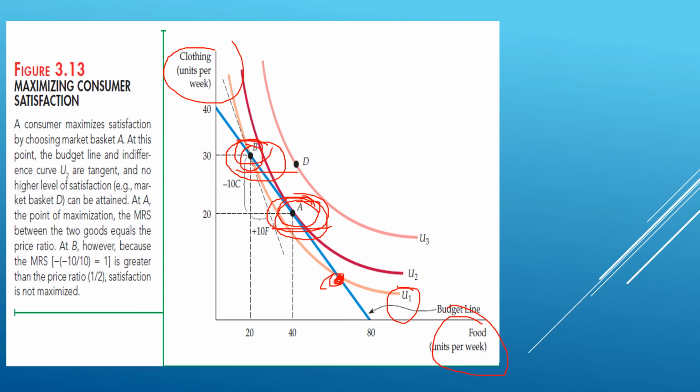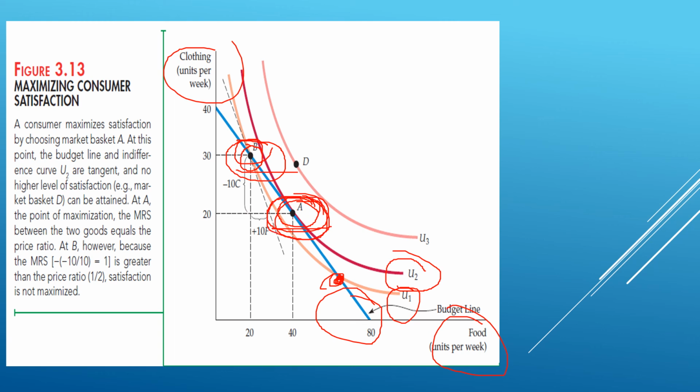Now, it's up to you as a consumer which one you are going to choose. But dealing with the assumptions that we had discussed last time, choosing the indifference curve that has a higher satisfaction which touches the budget line will be the most preferred one, which will be the market basket A.